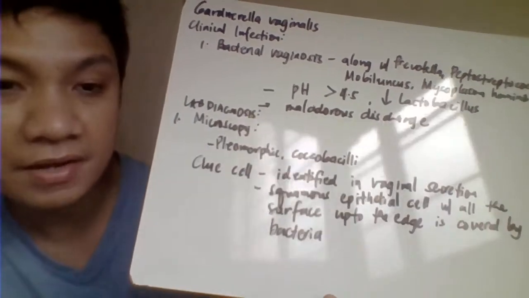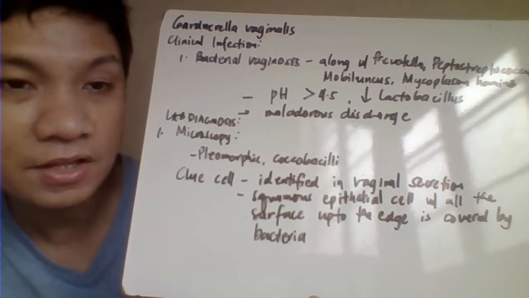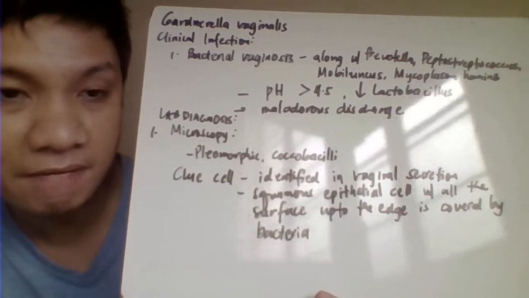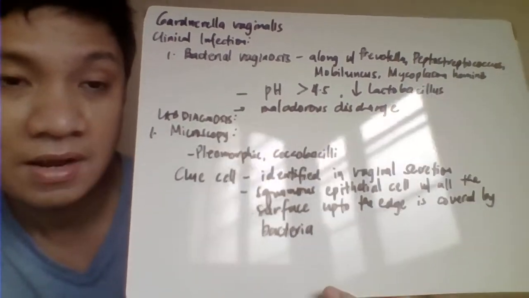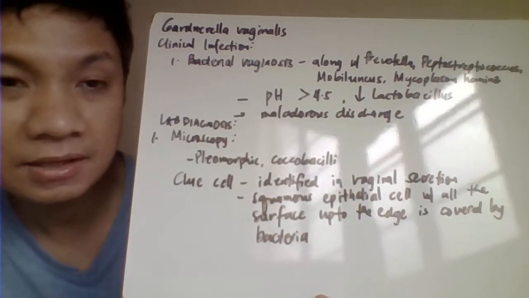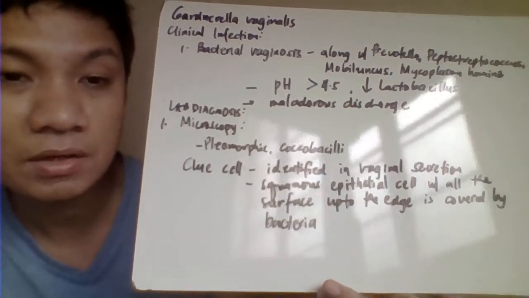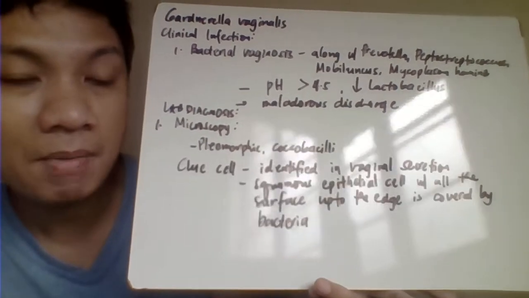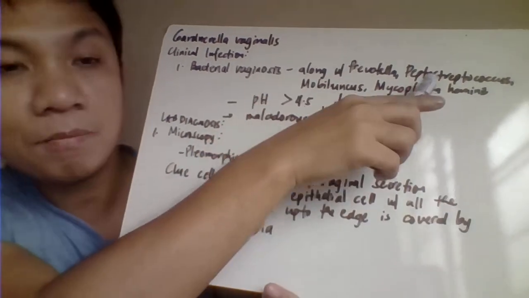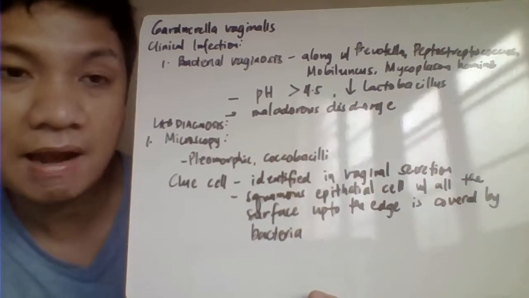So, bacterial vaginosis is characterized by a vaginal pH of more than 4.5. Usually normal, it should only be slightly acidic, 4.5 is the vaginal pH. When the pH rises, it would result in a bacterial infection where it would be primarily populated by these kinds of bacteria, even your Gardnerella vaginalis.